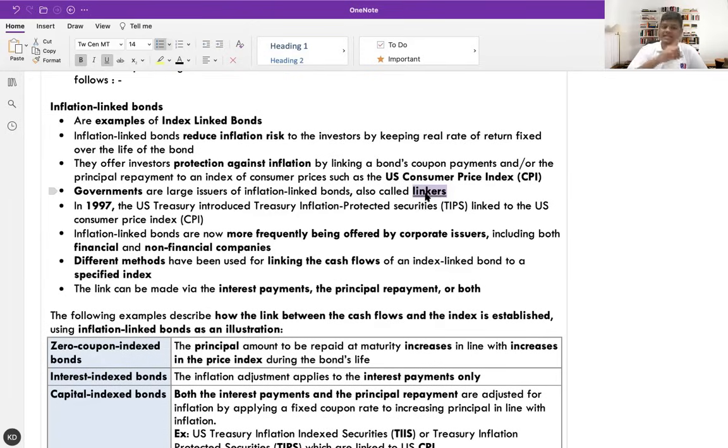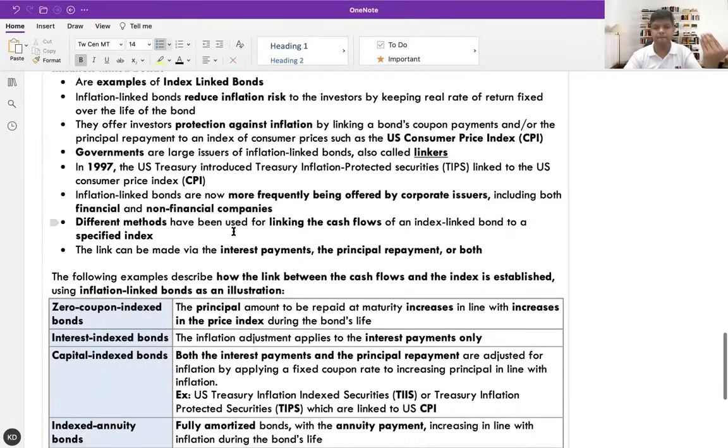So in 1997, the US Treasury issued TIPS. TIPS are US Treasury Inflation Protected Securities, which means when the inflation increases, as the CPI gets published, your cash flow will also increase. The issuer will pay you more coupon.